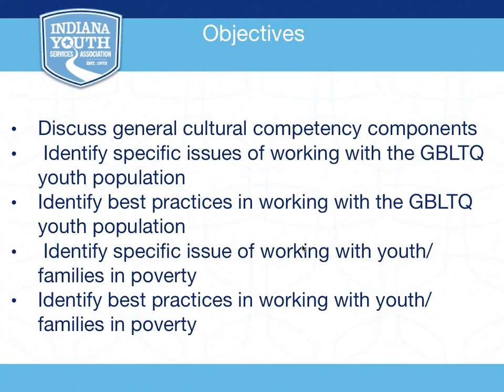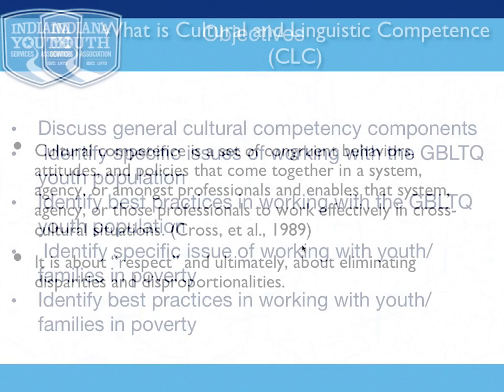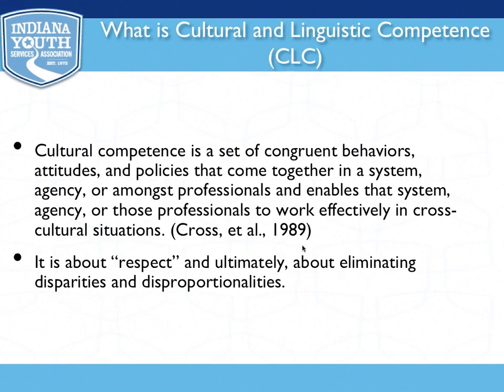Then we're going to look at specific issues in working with youth who identify as gay, lesbian, bisexual, transsexual, or questioning, and at specific issues for kids who come from generational poverty. With both of those, we'll look at best practices in serving those youth and the specific challenges they face. So again, just a brief overview.